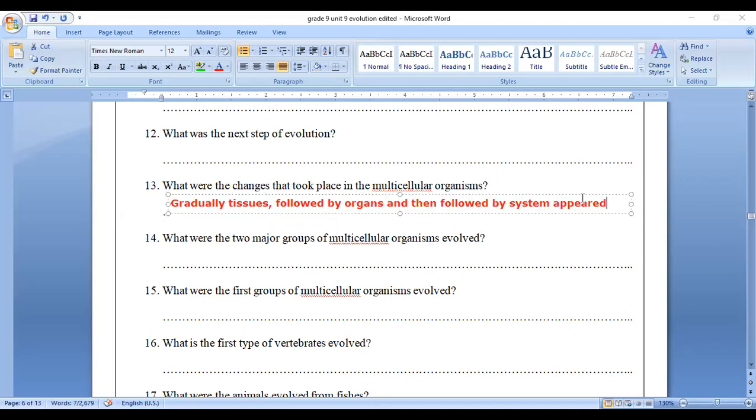There are animals only having tissues and organs, no systems. Those kinds of organisms are still living in this world. So gradually tissues followed by organs, then followed by systems, make it plural, systems appeared.